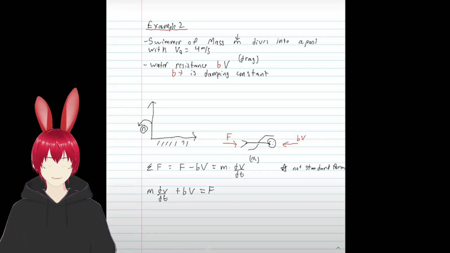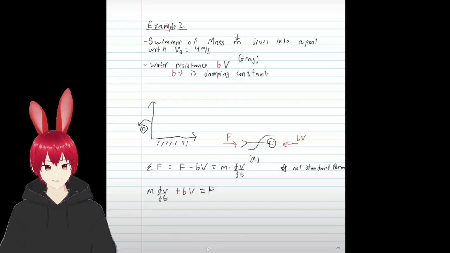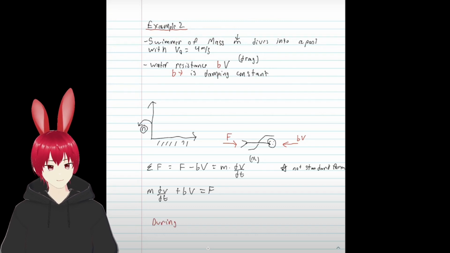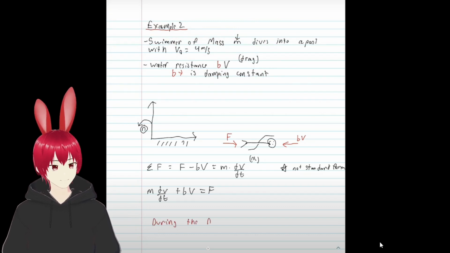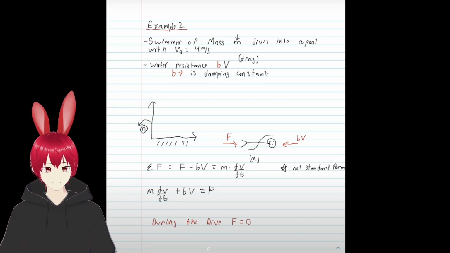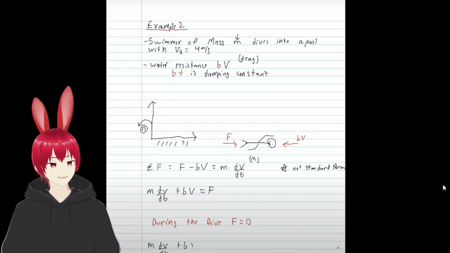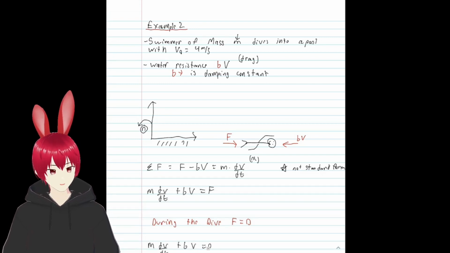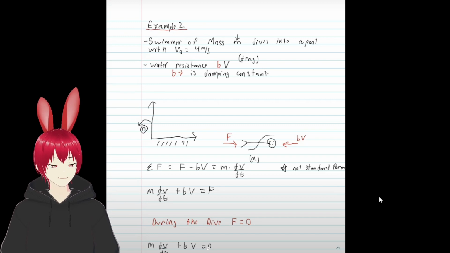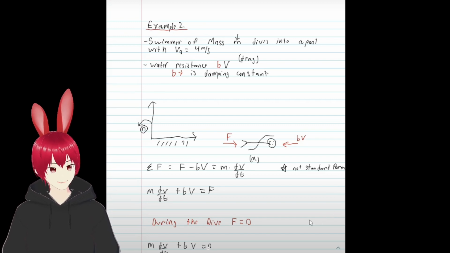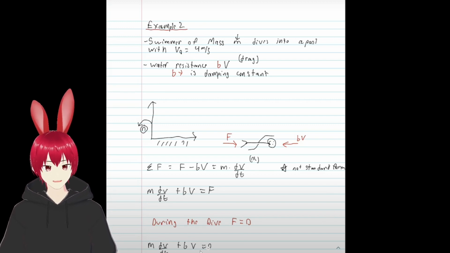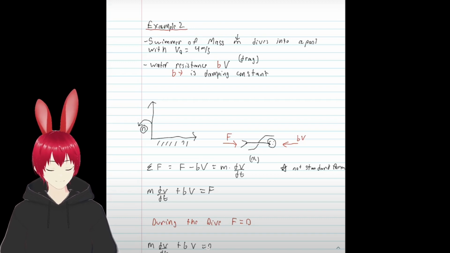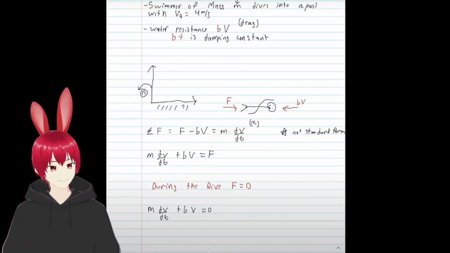What is most important is that the diver has not hit the water just yet, so we can describe that during the dive, our force is equal to 0. So we have m dv dt plus b times v is equal to 0. Now this grants us our standard form, as we are given a v dot and our v in this case.